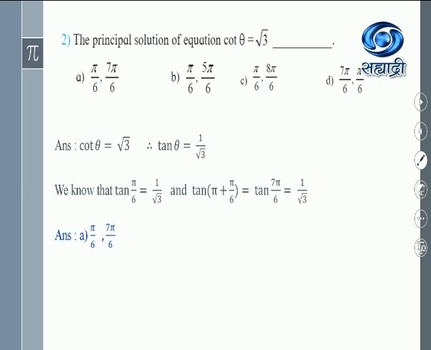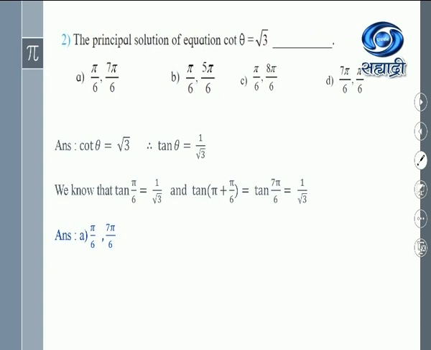Now you know tan of 30 degrees is equal to 1 upon root 3. Tan 30 degrees is tan of pi by 6, which is equal to 1 upon root 3. Now tan of pi plus pi by 6, the actual addition is what? Tan 7 pi by 6. But this angle is in the third quadrant.